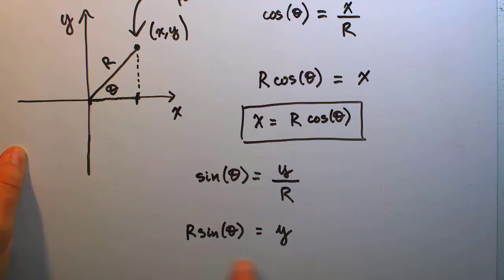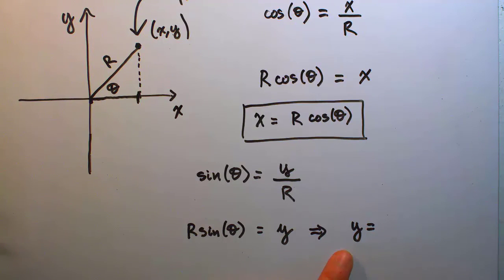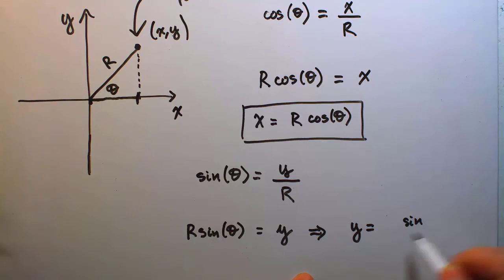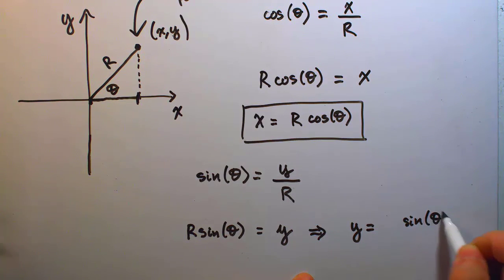What we recognize here has become a quite useful formula to find the y coordinate once you have sine theta given. So the y coordinate equals sine theta multiplied by the radius.